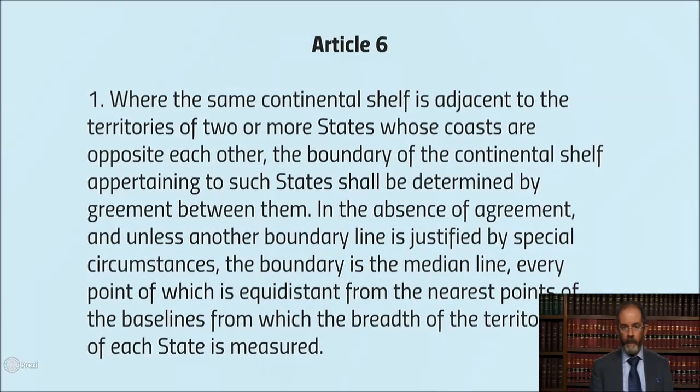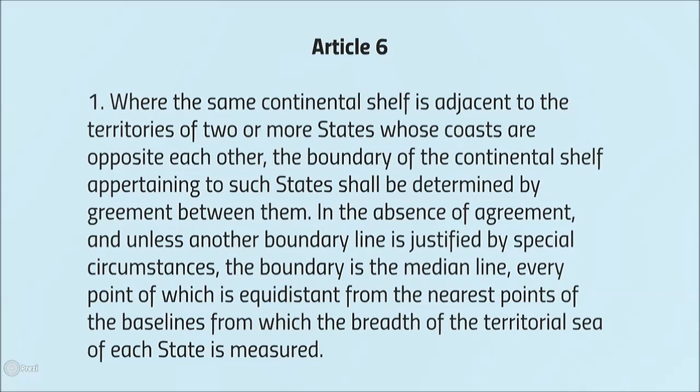Now, Article 6 of the Convention deals with the possibility of overlapping claims and says that, in the absence of agreement and unless another boundary line is justified by special circumstances, the boundary will be the median line.